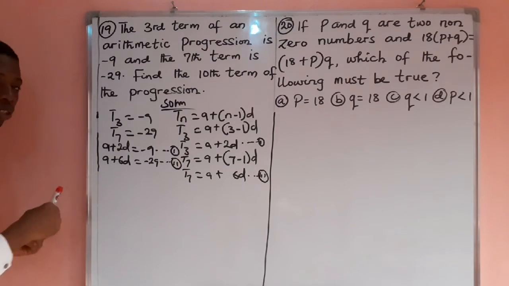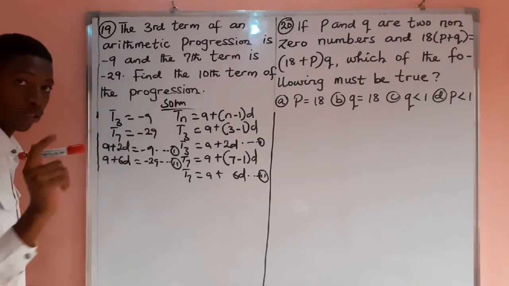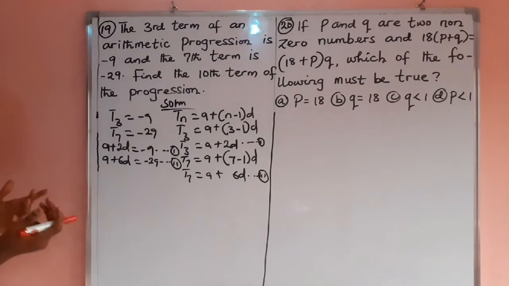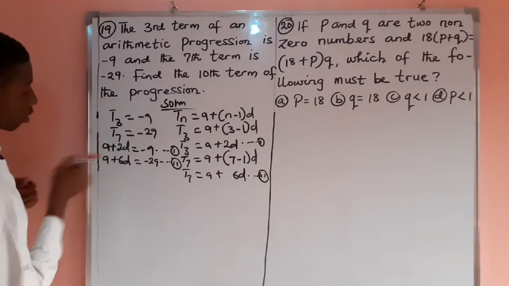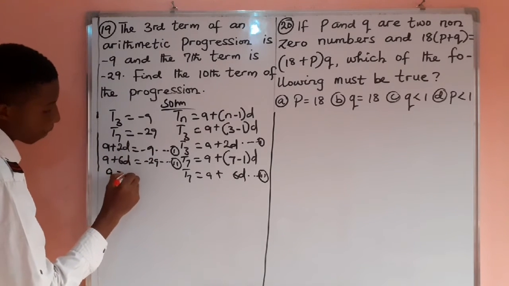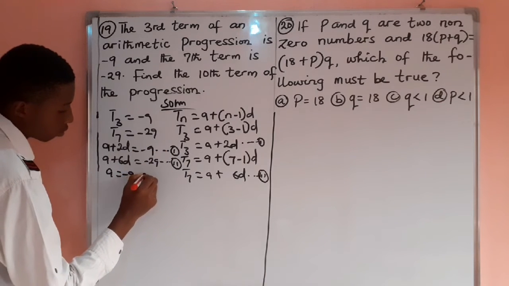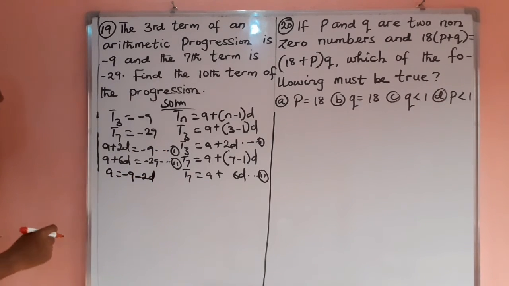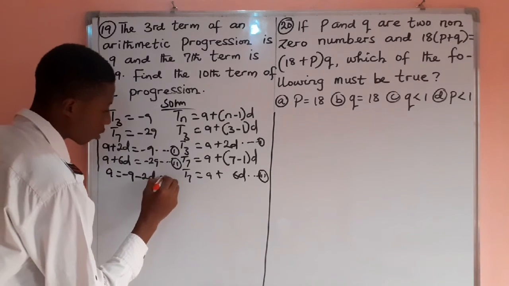Now in simultaneous equation, you have to create your equation 3 for substitution method. If you want, you can use the elimination method, but the substitution method is better. So a plus 2d, we'll be having a is equals to minus 9 plus 2 crossing over to the other side will be giving you minus 2d. So substituting this into equation 2, this is our equation 3.